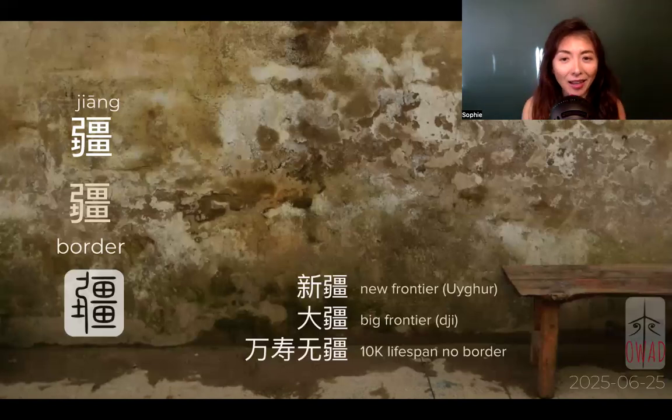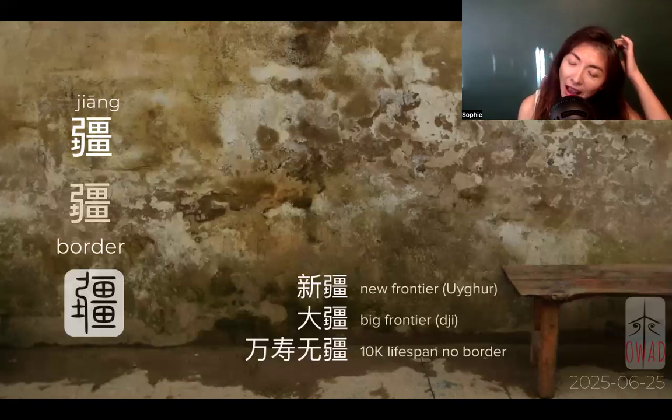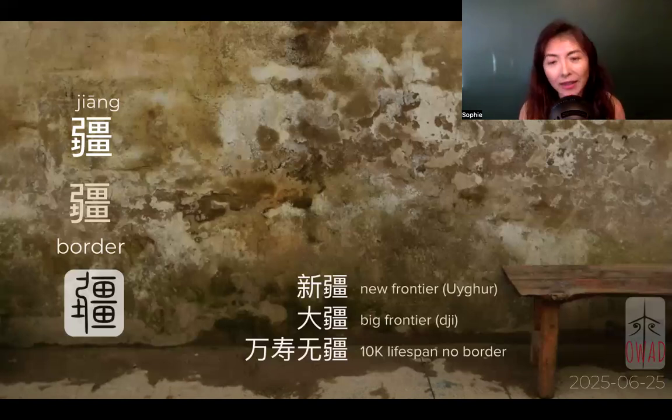Okay, 大疆, big frontier, is, if you know DJI, abbreviated 大疆. This is the biggest drone manufacturer in China, in the world actually, and they claim to already take 75% share of drones.